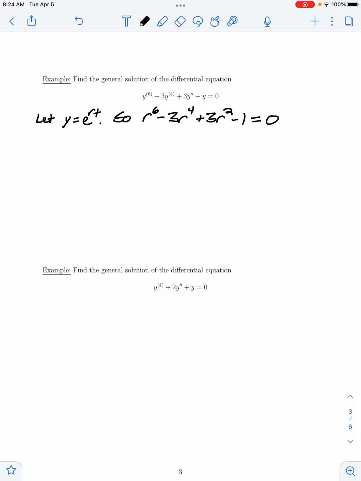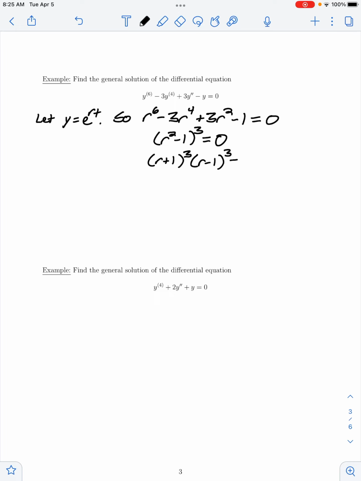And we might recognize these coefficients as the expansion of some factor cubed. So here we have r squared minus 1, quantity cubed, is equal to 0. Or this term r squared minus 1 could be factored as r plus 1 times r minus 1.